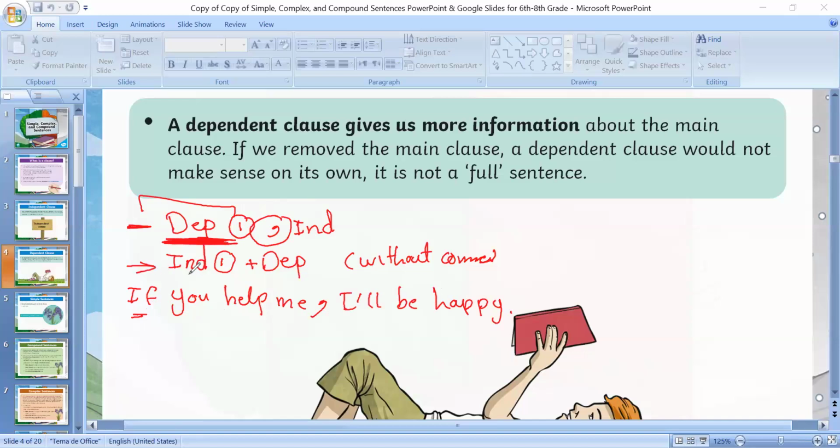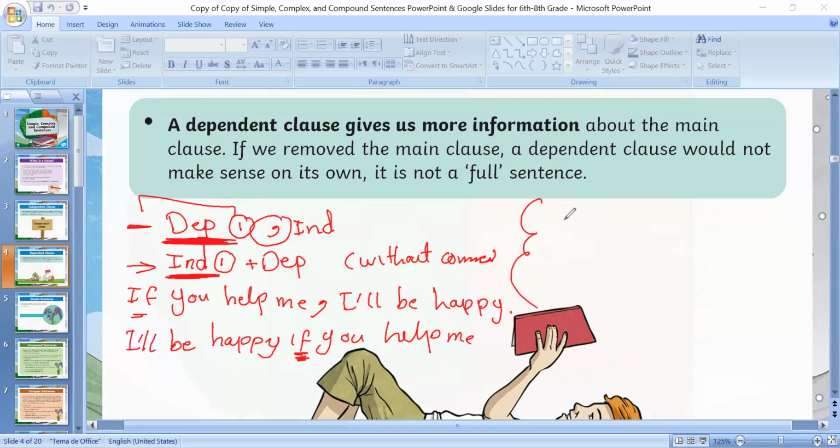What if we started with the independent clause? So, I'll be happy if you help me. Do we need a comma before "if" here? Yes or no? No. So delete the comma which is in the middle. Why? Because the subordinate clause is not the first sentence.